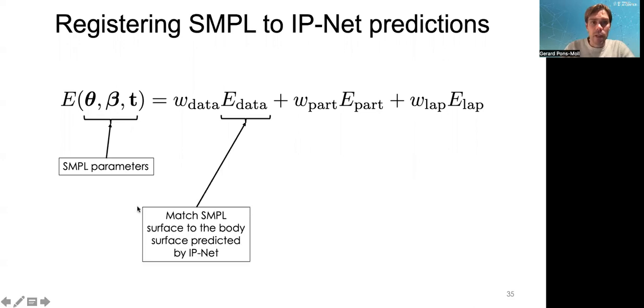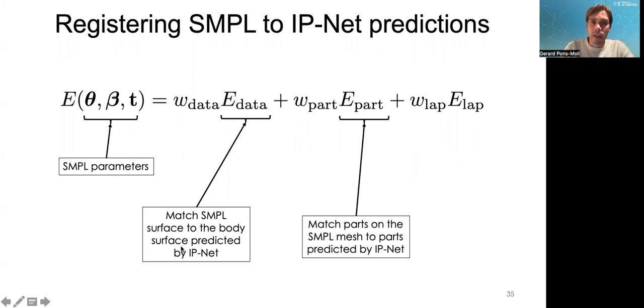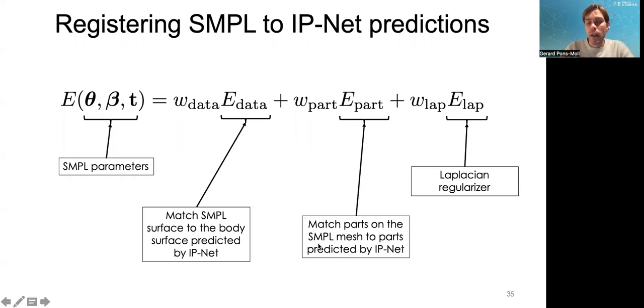And essentially, we have to minimize the data term, which matches the simple model against the body surface predicted by IPNet. And we have another objective that matches parts on the simple mesh to parts predicted by IPNet. And finally, we have a Laplacian regularizer.